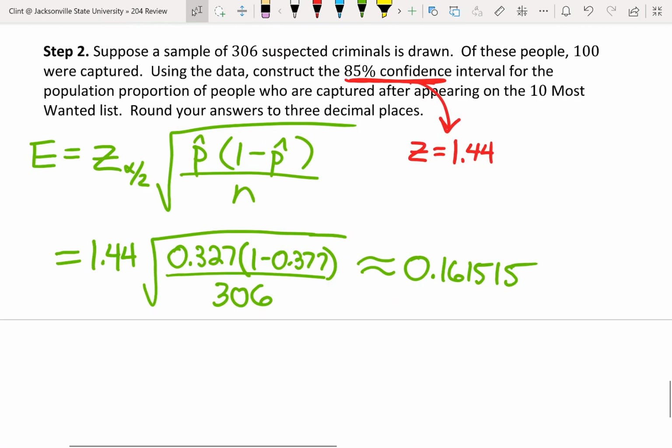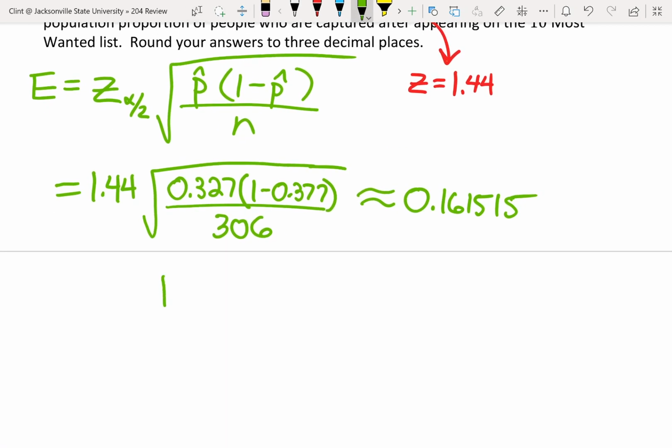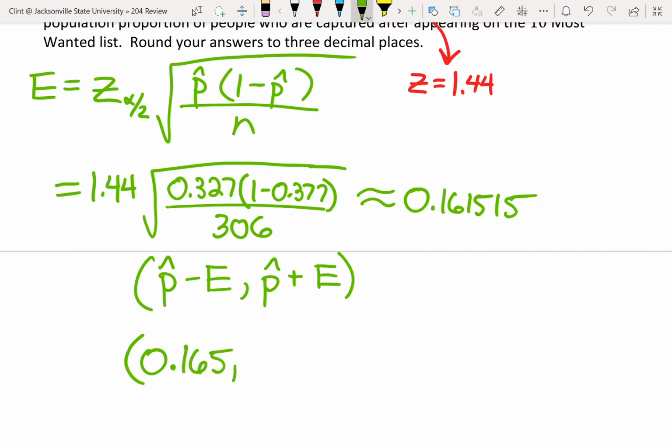P hat was 0.327. We'll do p hat minus e, p hat plus e. Round to 3 decimal places, so 0.327 minus 0.161515. On the lower end, you get 0.165. On the upper end, when we add, you get 0.489.